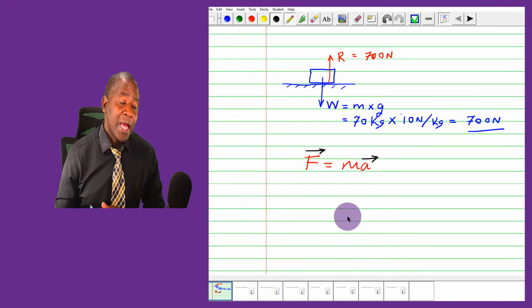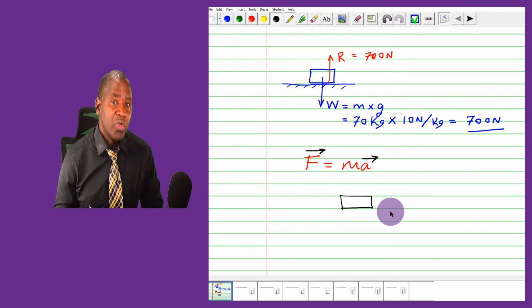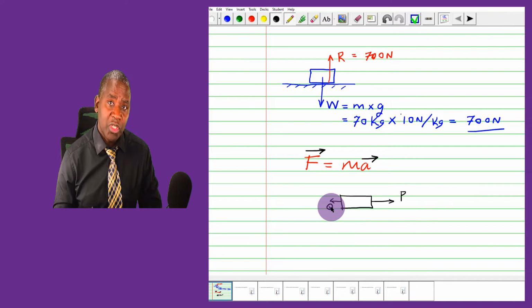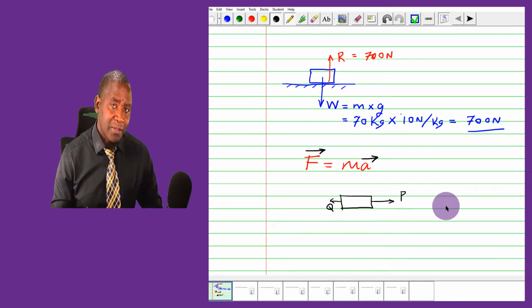The other one is, how do we determine a resultant force on an object which is acted upon by two forces which may be in the same direction or in opposite directions, but are parallel to each other? That is the kind of situation that we are going to deal with. For instance, if I've got a force P acting in that direction, and a force Q acting in the opposite direction, and when we look at the arrows, P is larger than Q, then the resultant force is to the right.